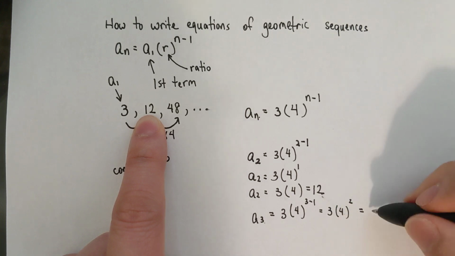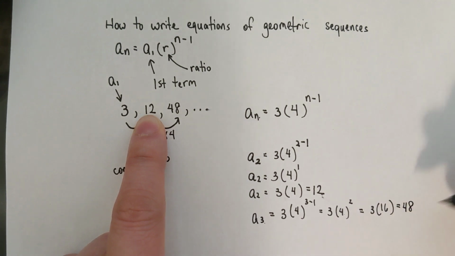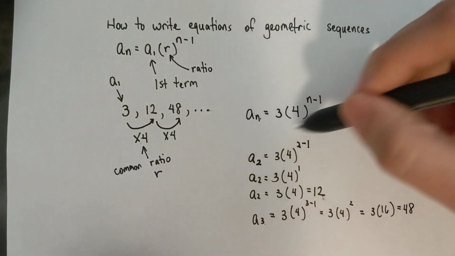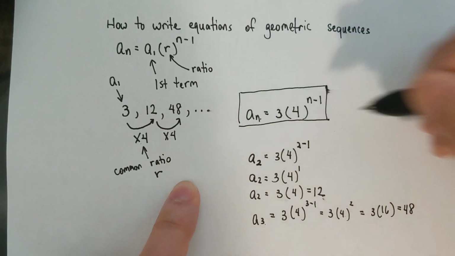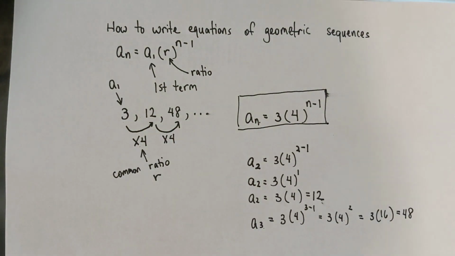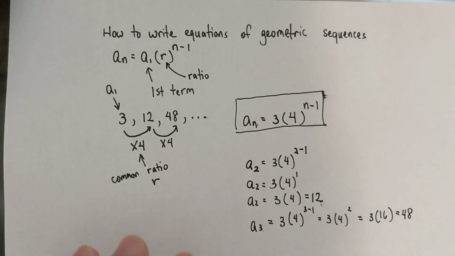So you have to do 4 squared first, which is 16. And 3 times 16 is 48, which is the number that we expected. So as you can see, this equation that we came up with will describe the pattern in the sequence, even the terms that are not listed. You can find the 10th number in the pattern pretty quickly by plugging in 10 there. And we have our answer.